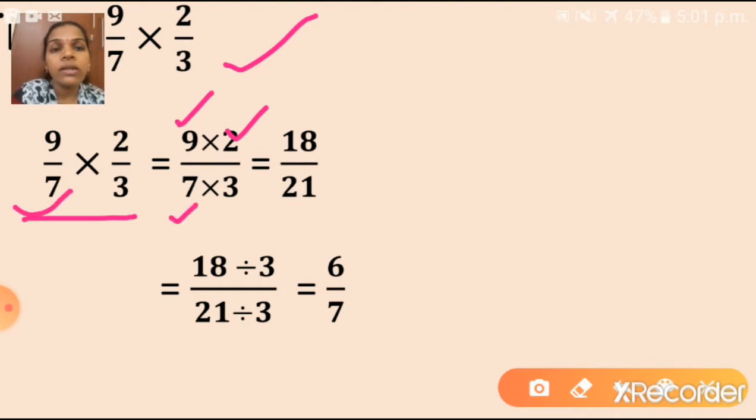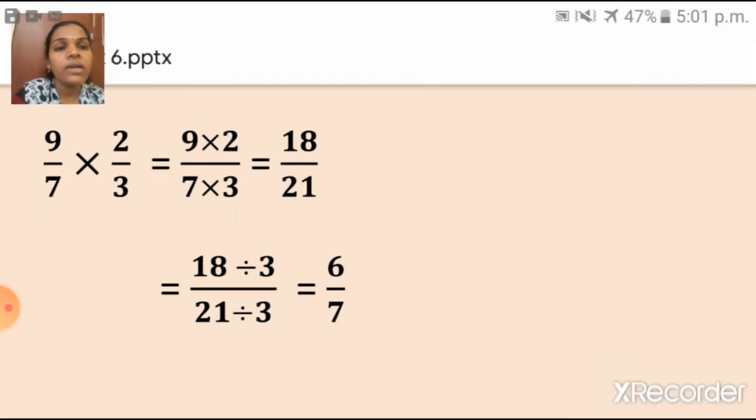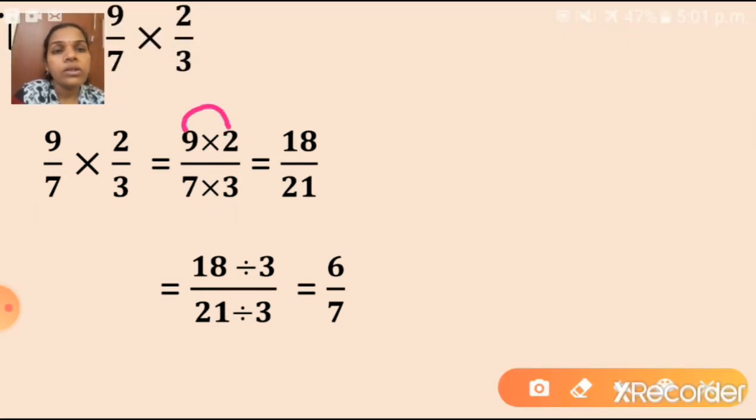So 7 into, what is the second fraction denominator? Yes, 3. So 7 into 3. So 9 into 2 upon 7 into 3. 9 twos are 18. 7 threes are 21.